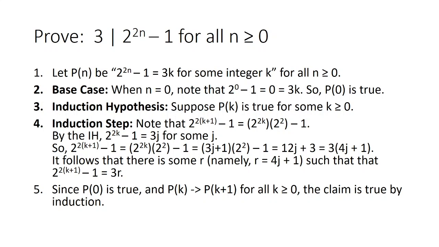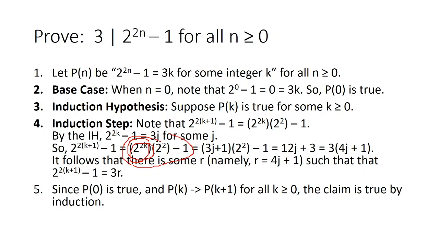So when you have P of k plus 1, that will be 2 to the 2 multiplied by k plus 1 minus 1, and that will be written by this, and this part is the same as 2 to the 2k.